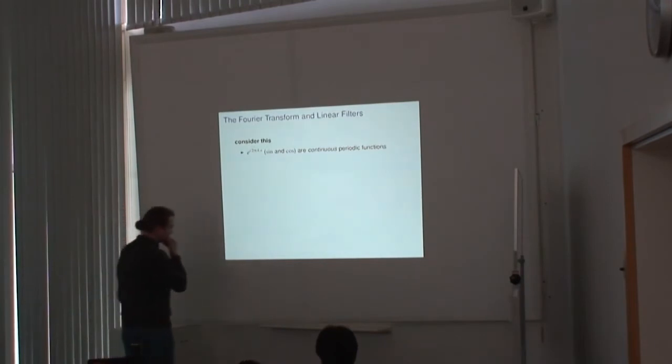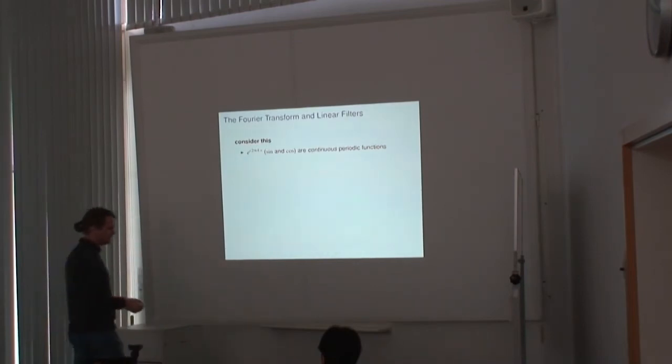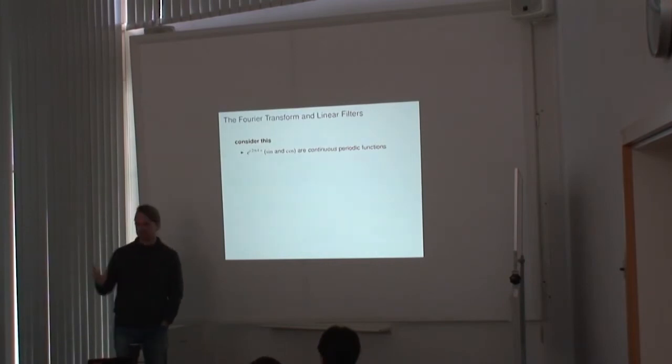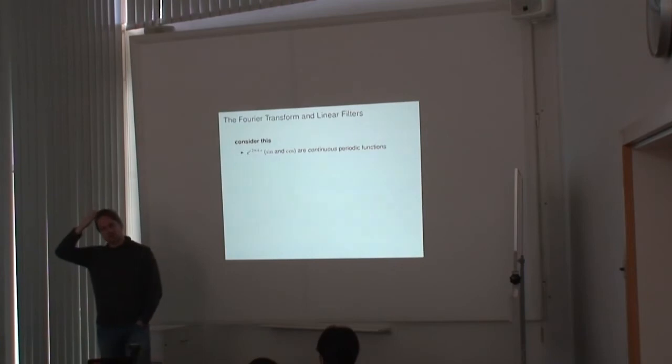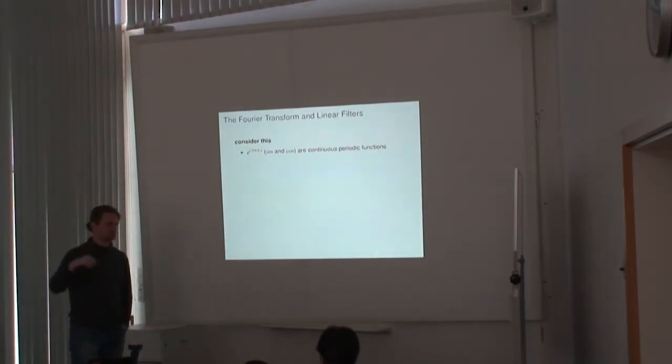Consider this. These complex exponentials we have been dealing with are nothing but a linear combination of sine and cosine, right? We have this Euler identity, e to the i x equals cosine x plus i sine x.